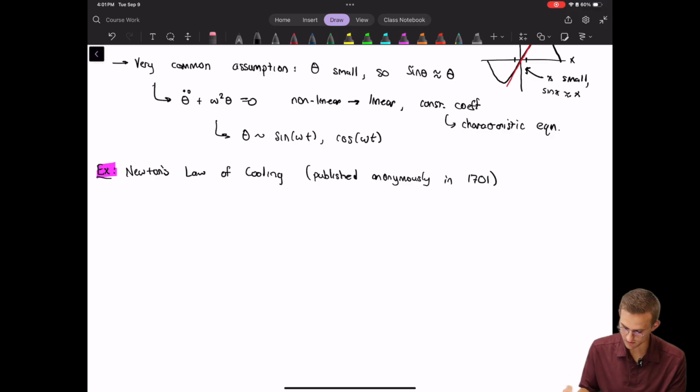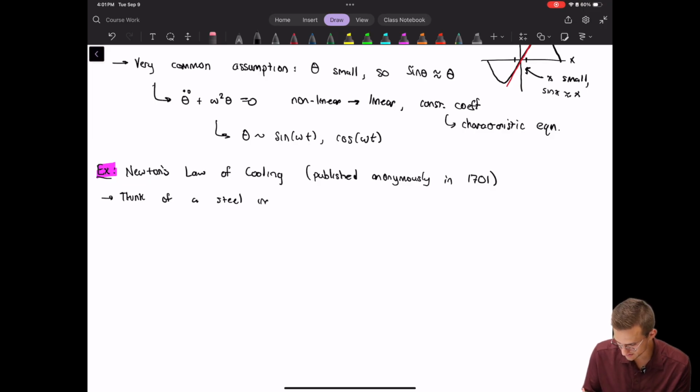Okay, so what we're modeling in this case with Newton's law of cooling is an object. Think of a steel ingot in a large thermal bath.